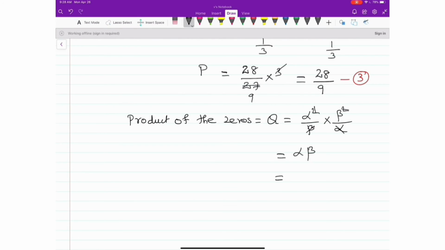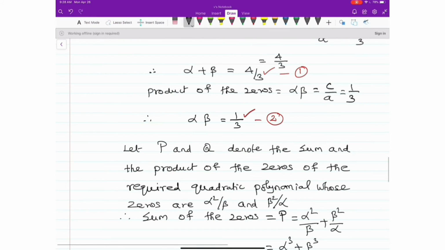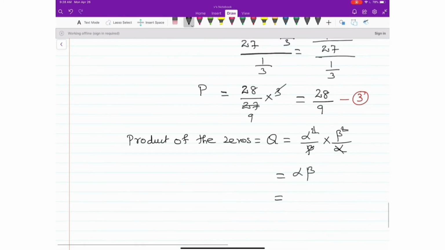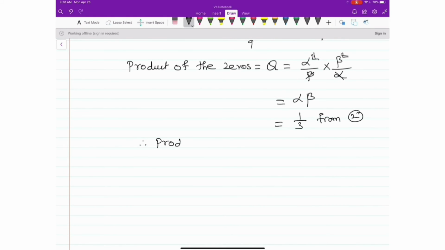And what is alpha beta? The product. You got it as 1 by 3. This I am getting from 2. Product of the zeros is equal to Q is equal to 1 by 3. Let me name this result as 4.